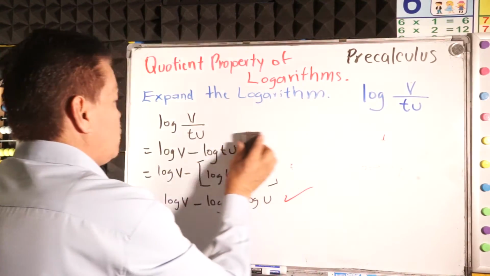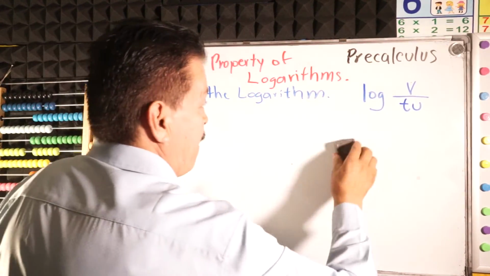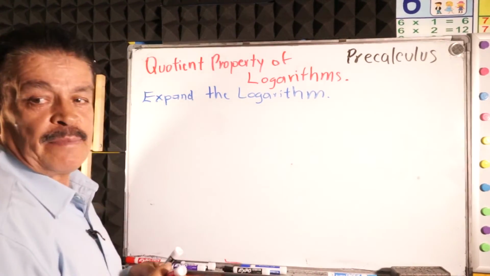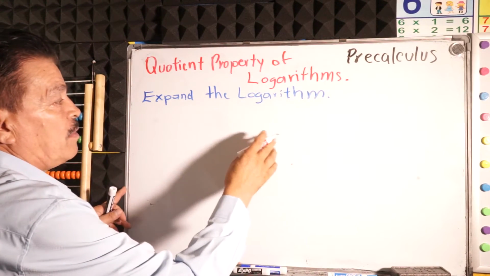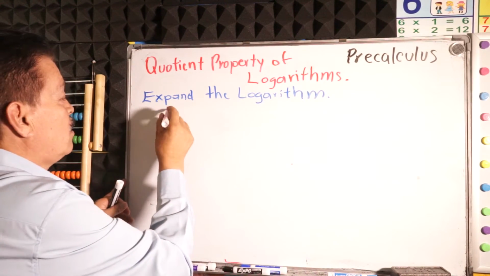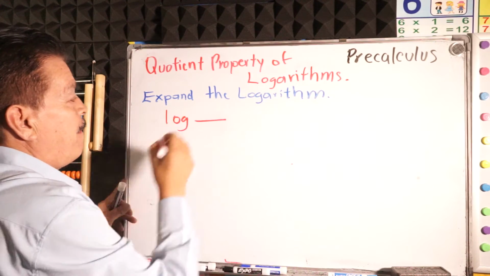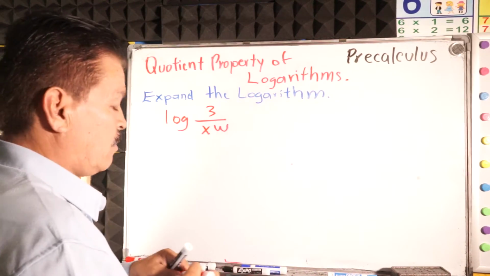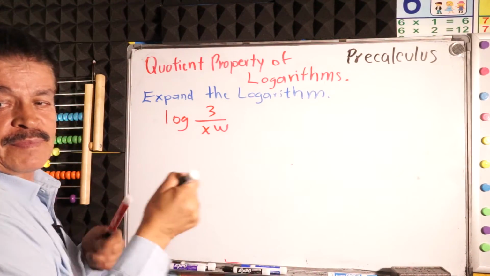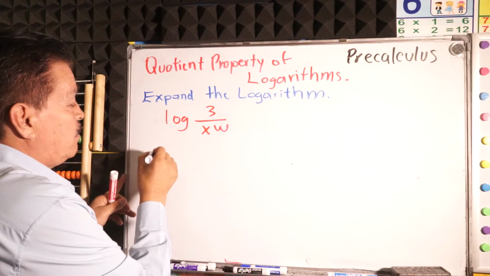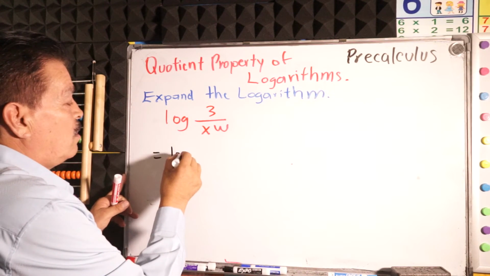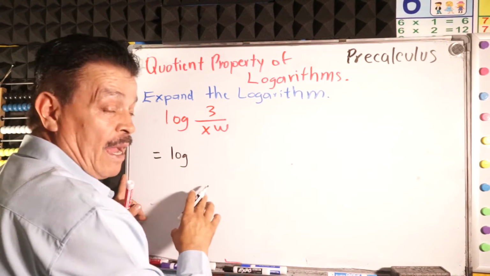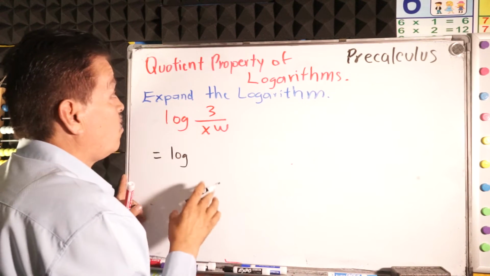Okay, let me show you another problem. Let me write another easy one: expand the logarithm of log 3 over xw. The next step will equal log 3 minus log xw. Remember, you recognize the quotient property here.